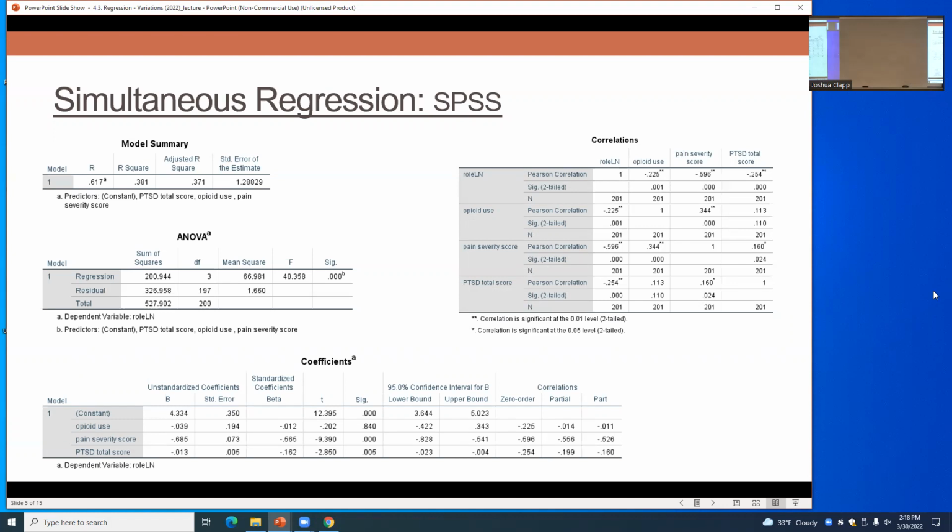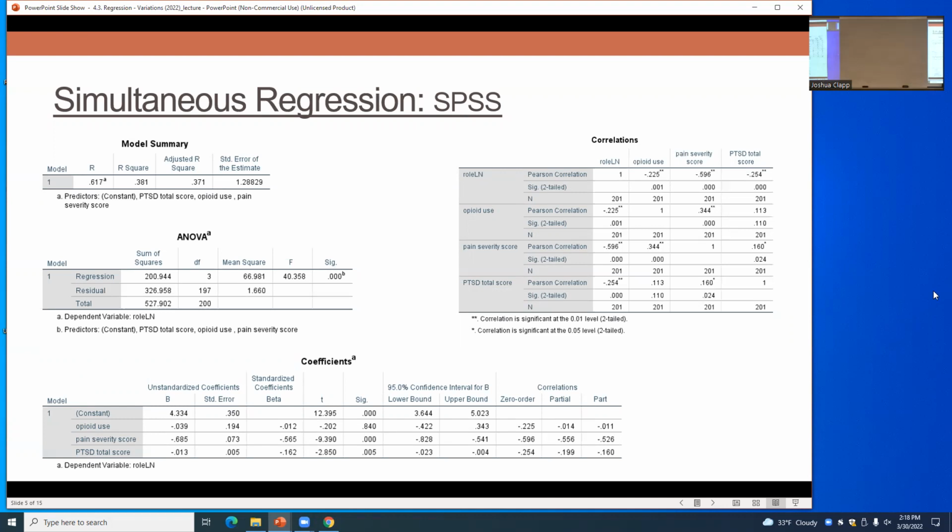Now, as we go through and talk about the impact of that natural log transform on interpretation, given that we've transformed our outcome, we can interpret this coefficient to say that for every unit increase in pain, we're expecting about a 69% decrease in role functioning. For every 1 unit increase in PTSD, we're expecting about a 1% decrease in role functioning. Okay, so we've got some nice interpretive qualities here.